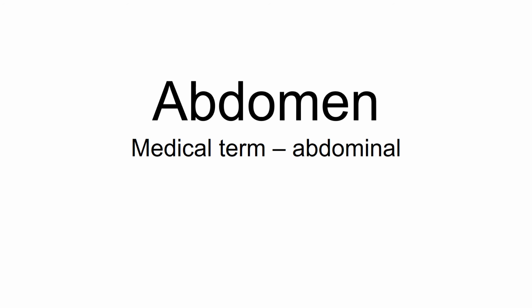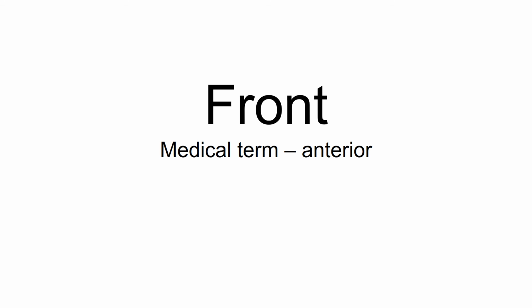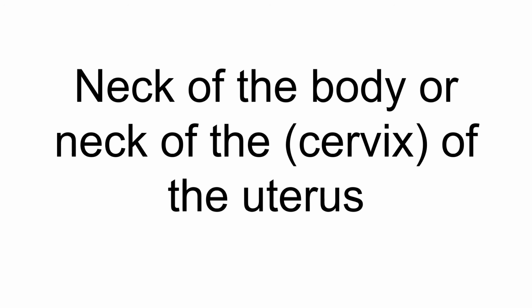Defining forms. Abdomino is abdomen. Abdominal is a medical term. Anterior is front. Broncho is bronchial tubes. Cervico is the neck of the body or the neck of the cervix of the uterus. Chondro is cartilage.